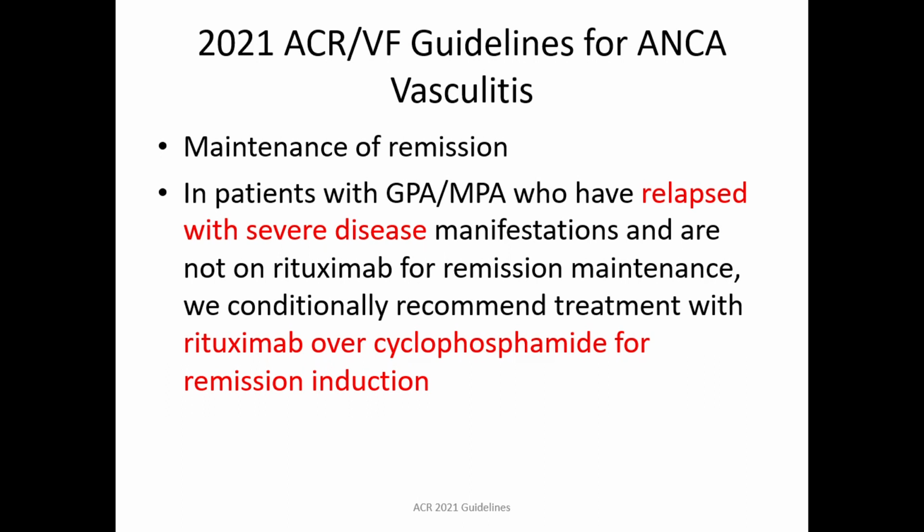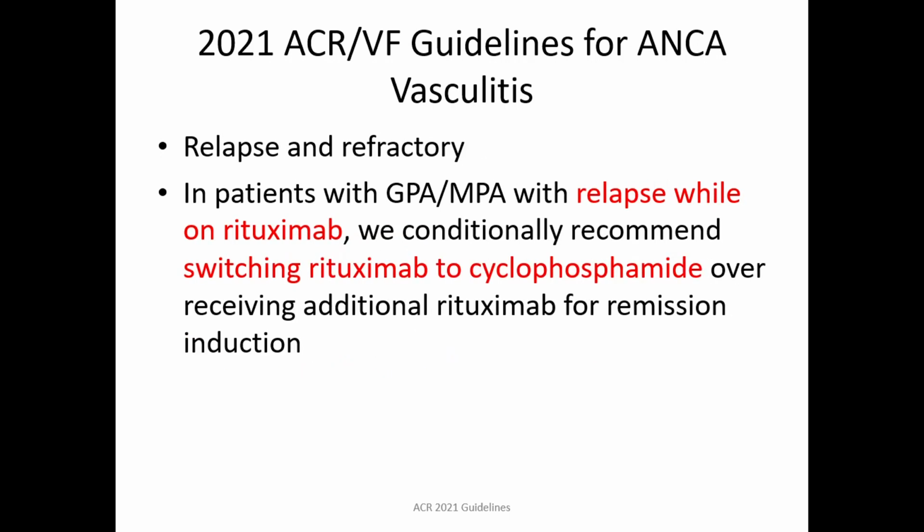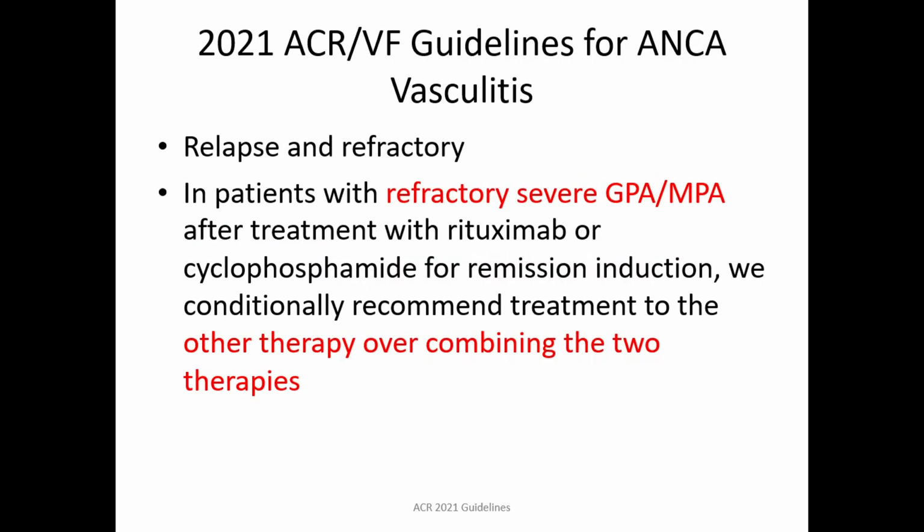And if they have had a relapse with severe disease manifestation and are not on rituximab, then certainly you will be considering rituximab. In patients with GPA, MPA with relapse while on rituximab, the conditional recommendation is switching rituximab to cyclophosphamide. So cyclophosphamide is coming after rituximab in that order.